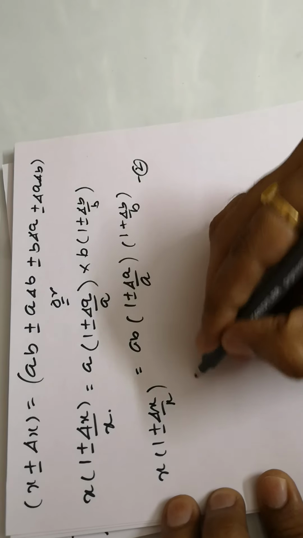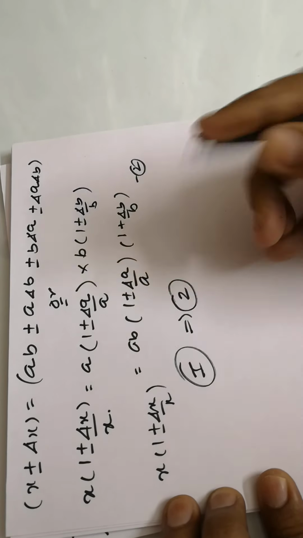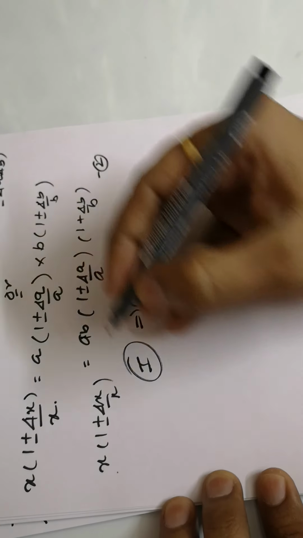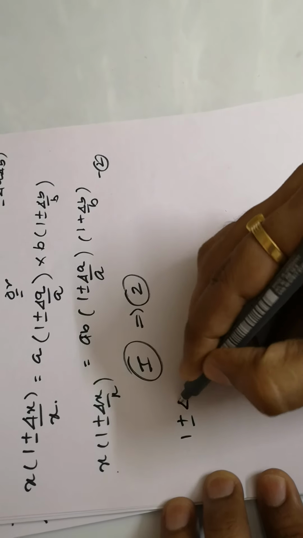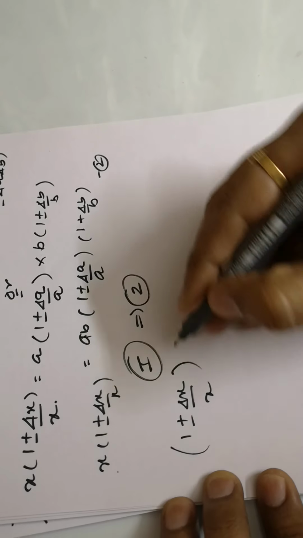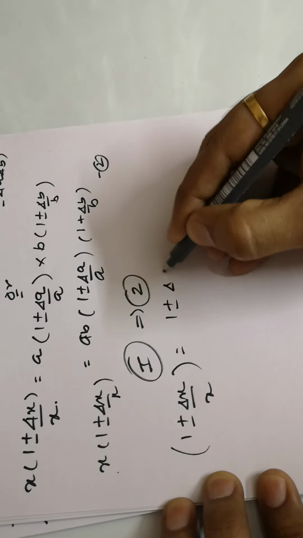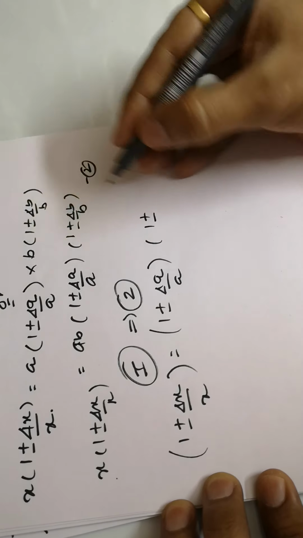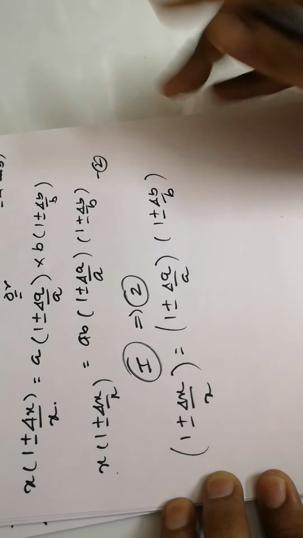This would be expression number two. In expression number two, x equals ab, so that might be cancelled out. The left part is 1 plus or minus delta x by x equals 1 plus or minus delta a by a and 1 plus or minus delta b by b.